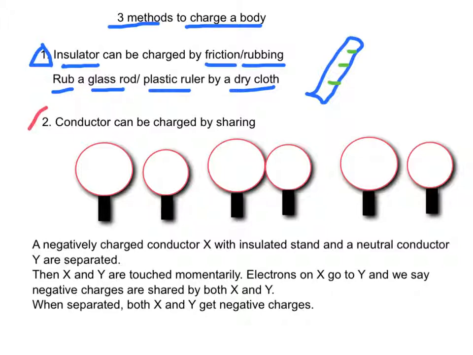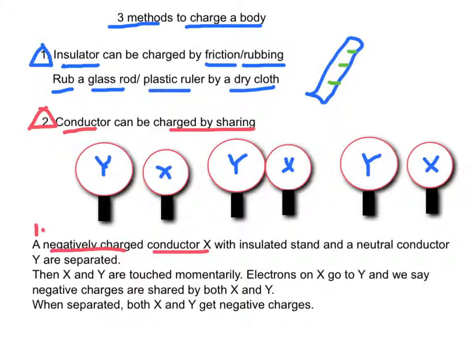The second method is to charge a conductor by means of sharing. First, negatively charge the conductor X, with the insulator stand, and a neutral conductor Y are separated. Next, X and Y are touched momentarily.